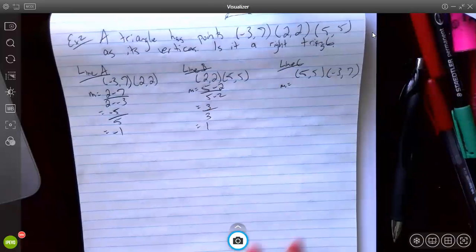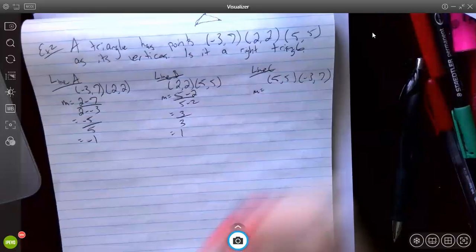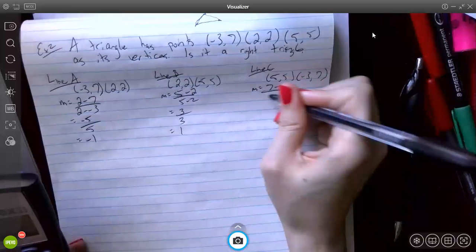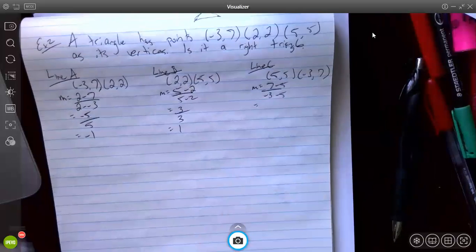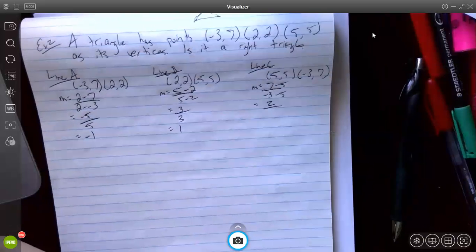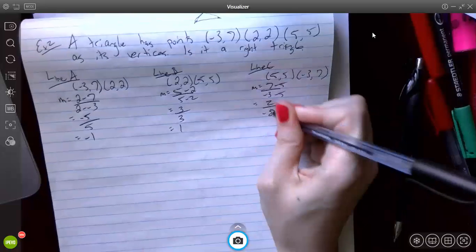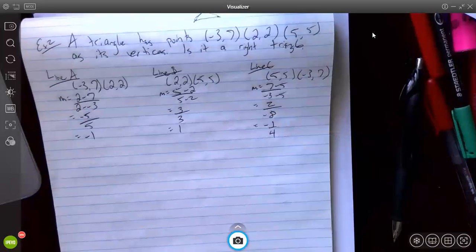And then we could stop there, but just for the sake of completion, let's do the last one. So 7 minus 5 is 2, and then -3 minus 5 is -8. So we end up with -1/4 for the last slope.